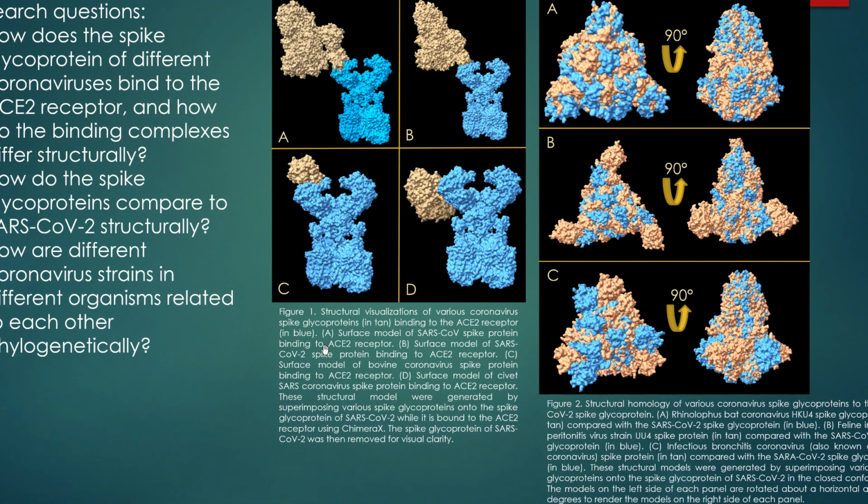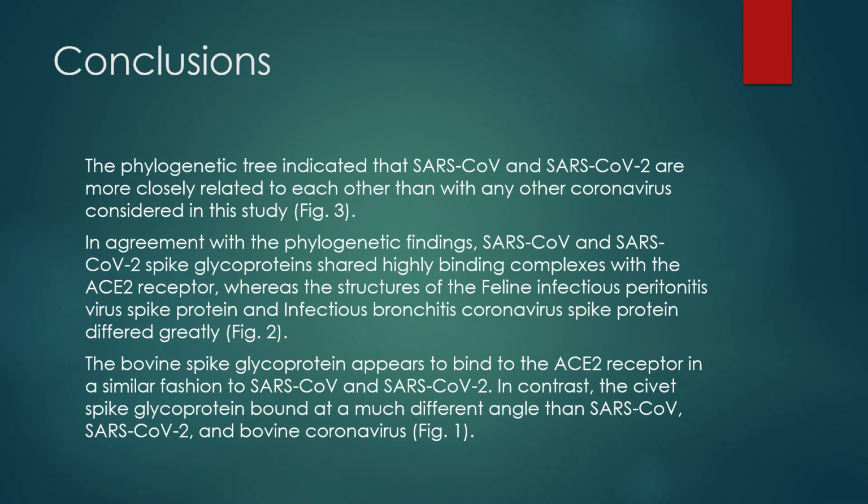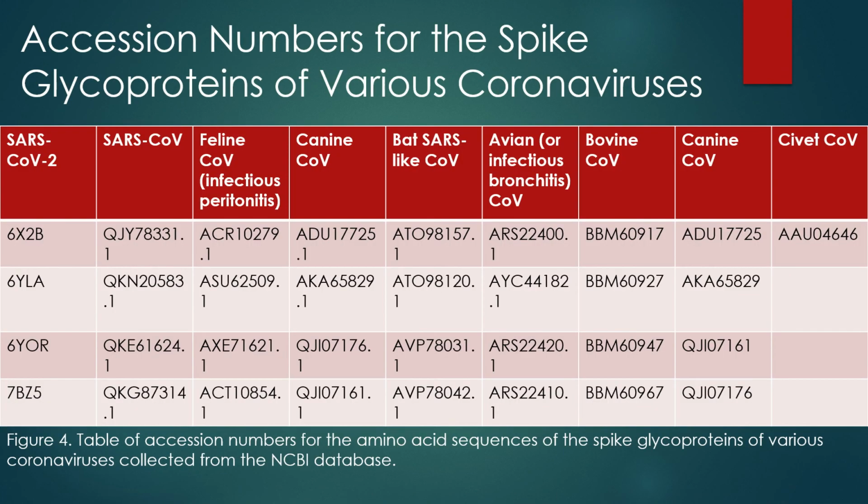Basically, I'm saying that the bovine coronavirus, which is C, looks more similar to A and B than does the civet coronavirus, which is panel D. So that was the last conclusion we made in this slide.